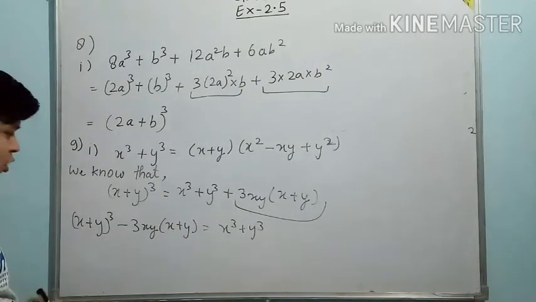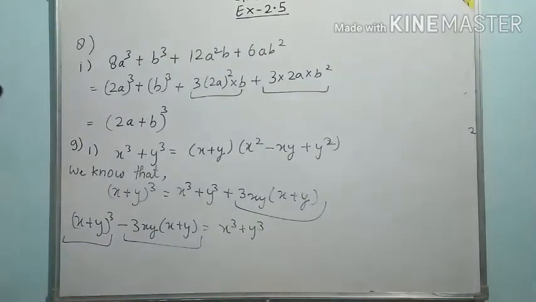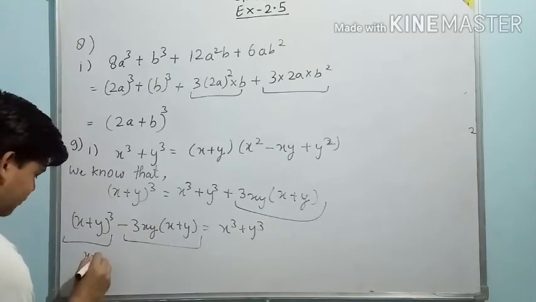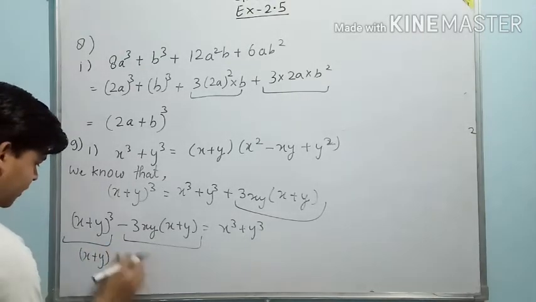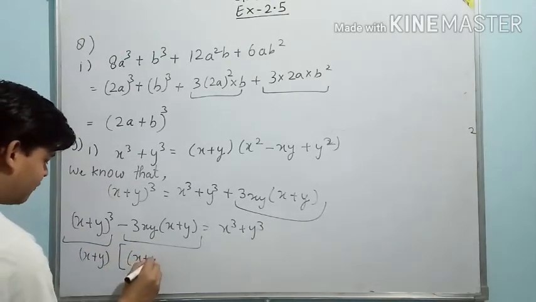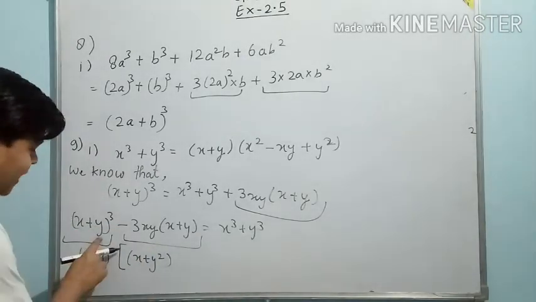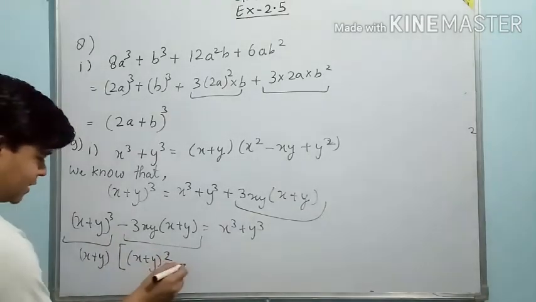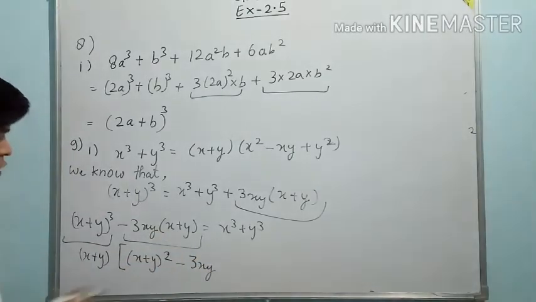Now as you can see, in these two terms, (x plus y) is common, right? So let's take (x plus y) common from these two. When I take (x plus y) common, from here you will be left with (x plus y) whole square only, minus 3xy, as we have taken (x plus y) common from here.